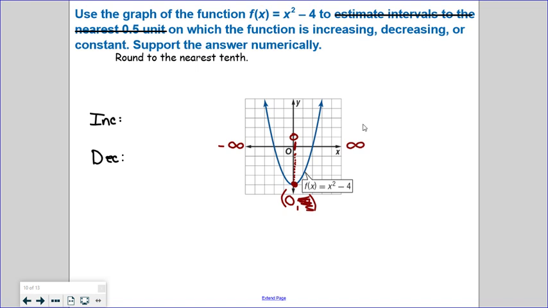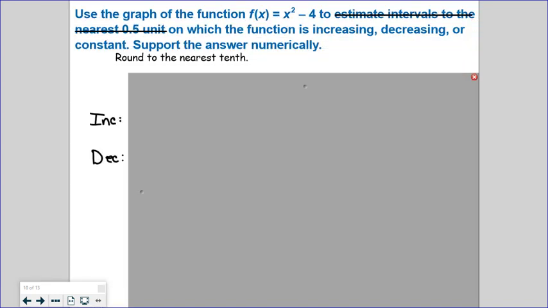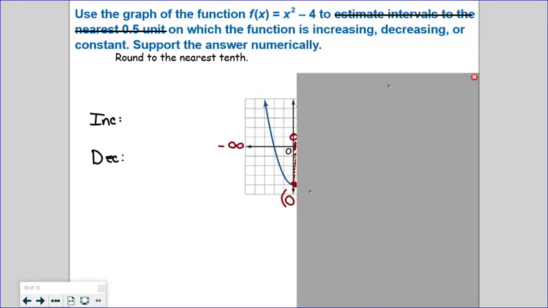As you're getting used to this, you might want to physically cover up the rest of it. So like I can pull this little shade here and just look at the interval that goes from -infinity up to 0. And if I just look at that picture, again, read it from left to right. If I were to trace this from left to right, my pencil is headed down, which makes that piece of graph decreasing, right?